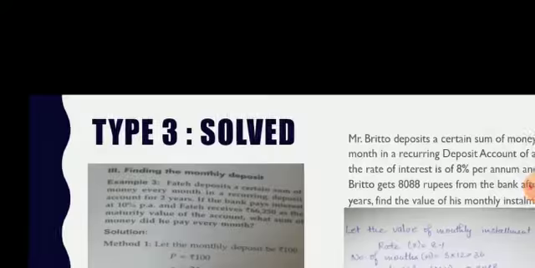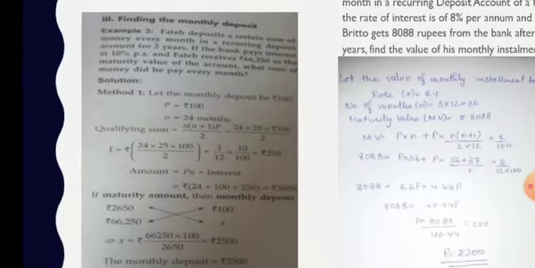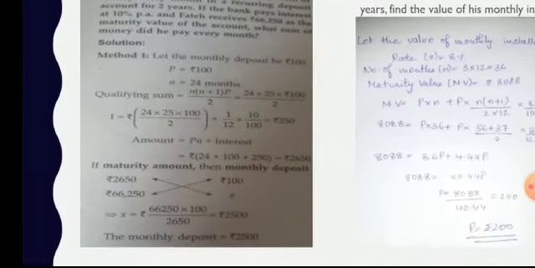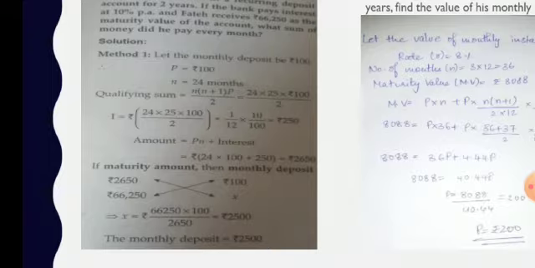Now we compare for the unitary method. If maturity amount, then monthly deposit. When maturity is 26,250, our monthly deposit was rupees 100. But maturity given is 66,250, our monthly deposit will be X. We cross multiply, cancellation, we get the answer 2,500.